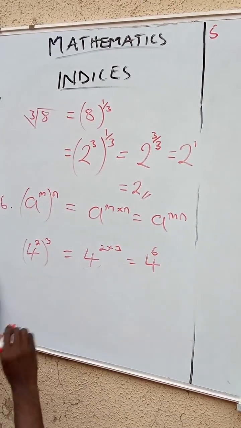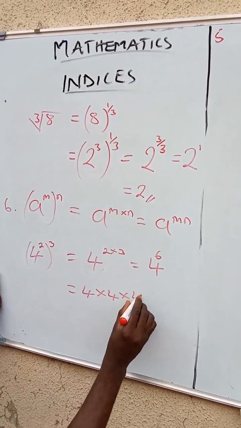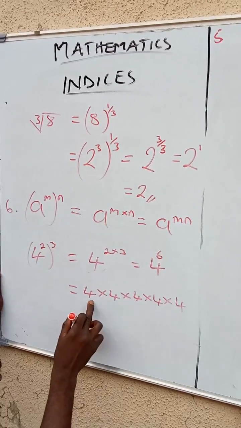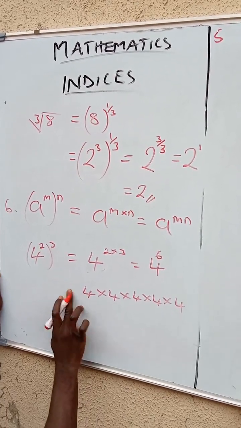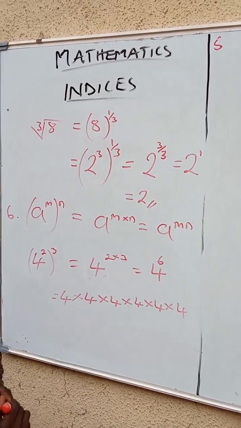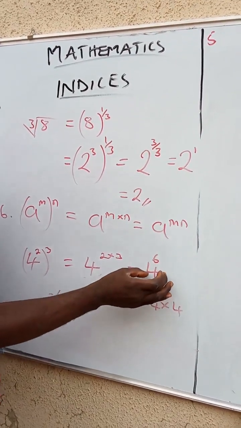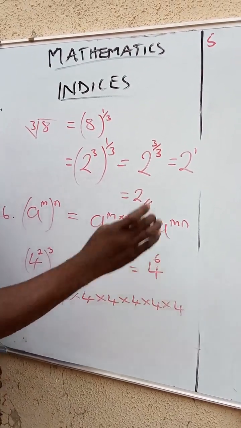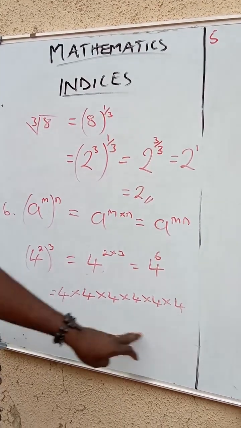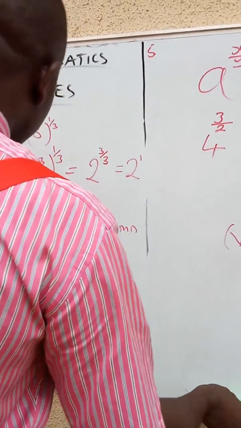And this is the same thing as 4 times 4 times 4 times 4 times 4, 1, 2, 3, 4, 5 times 4. You get? Because this 6 is telling us that this 4 is multiplied by itself 6 times. And that is the index. So you do this calculation yourself and bring the answer out. So that is all about the power.